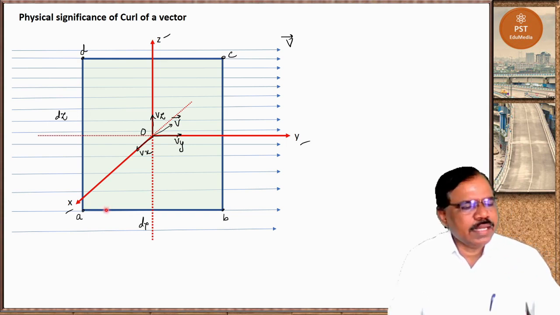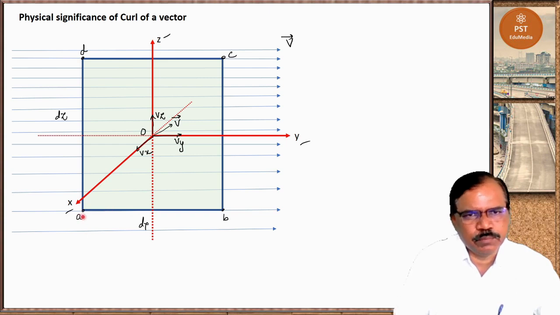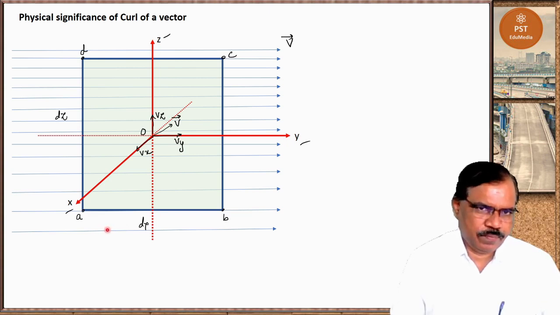Now, the line integral will be maximum. If we go from A to B, V dot dl will be maximum when V is parallel to AB.